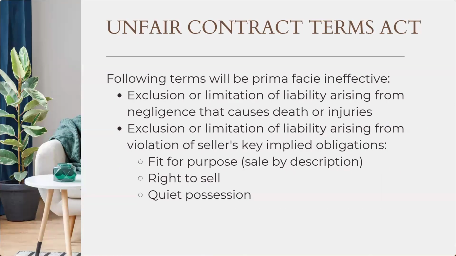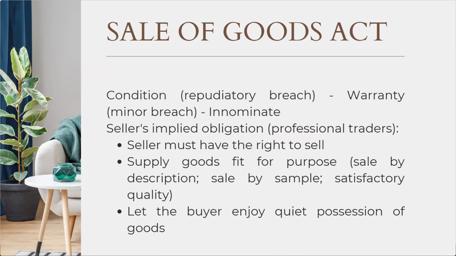Under the Unfair Contract Terms Act, they make certain terms ineffective, even if they are expressed, like the inclusion of a limitation of liability arising from negligence that causes death or injuries, or an express term that tries to exclude or limit the liability arising from violation of certain key obligations, like the three key obligations under the Sale of Goods Act.